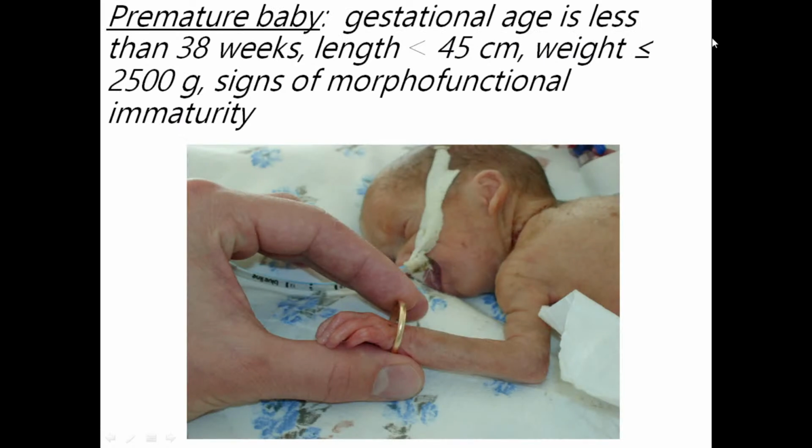Premature baby: gestational age less than 38 weeks, length less than 45 centimeters, weight less than 2.5 kilos, signs of morphofunctional immaturity. And the classical example: this is a normal ring, to be honest a male ring, and this is the small ring of a premature baby.